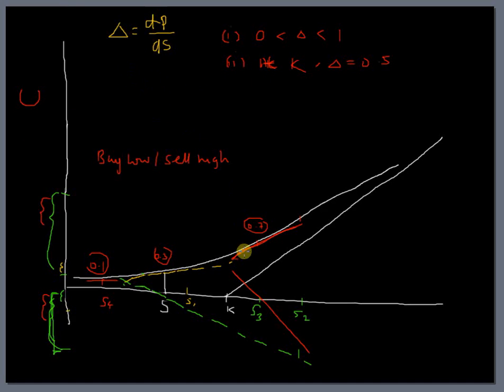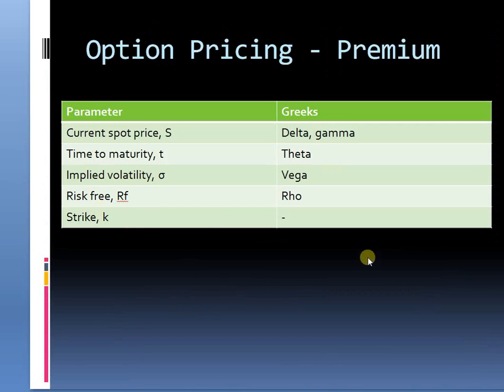Gamma is measuring the curvature of the payoff diagram. As you can imagine here, as I've shown here, there's no way we can hedge an option with underlying equity in an exact manner, mainly because we can see from here that the option is being influenced by so many factors: spot, the time to maturity, sigma, risk-free, and strike.